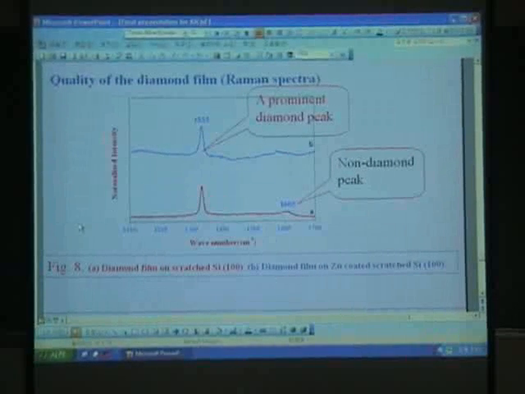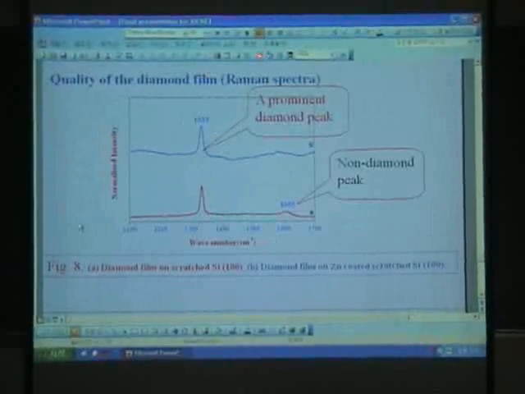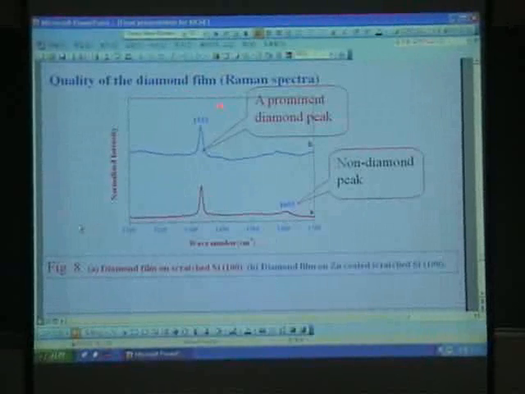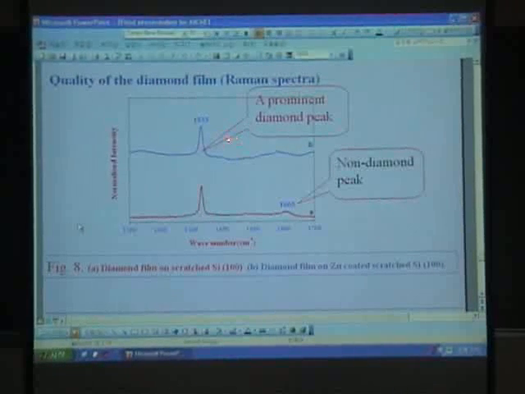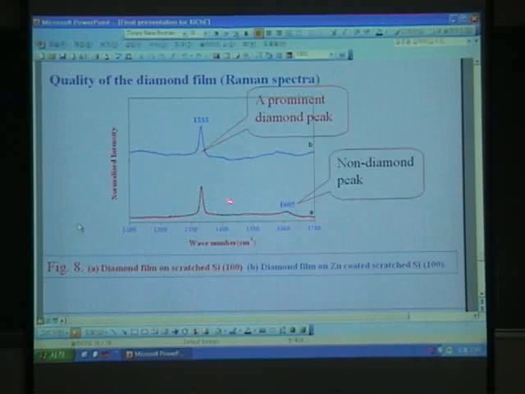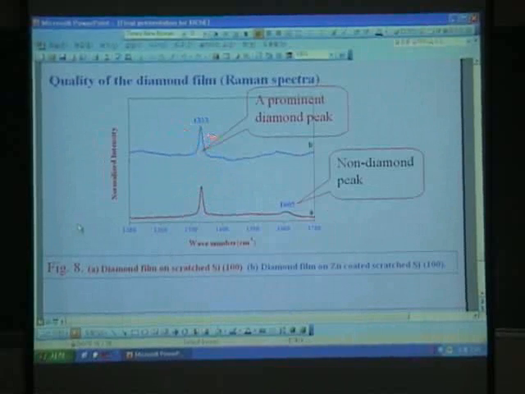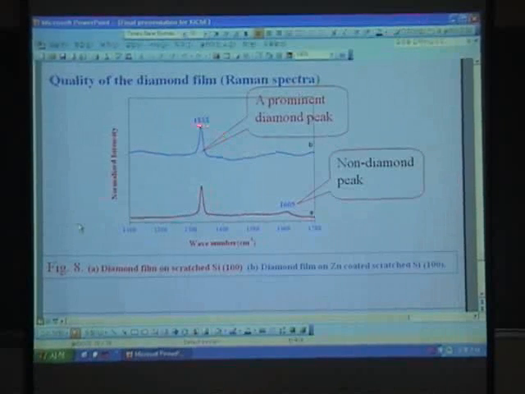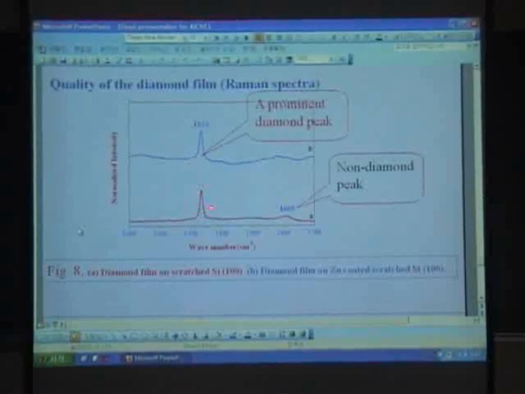We can support our results by micro Raman also. Here we can see the micro Raman spectra of zinc on scratched silicon and also without the zinc layer. It is evident that there is a symmetric and sharp peak at 1333, and both films have good quality diamond.